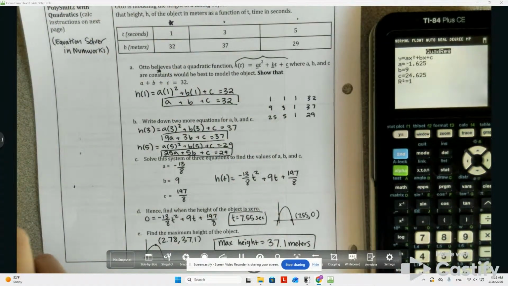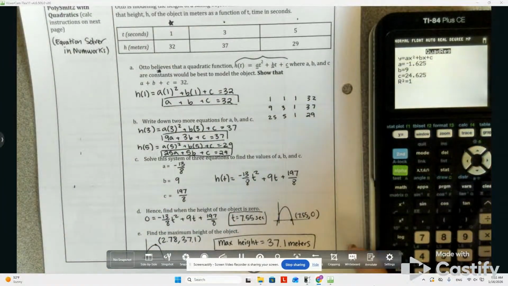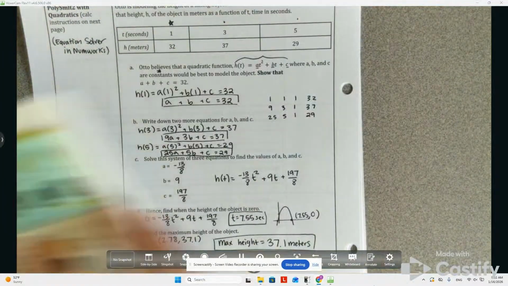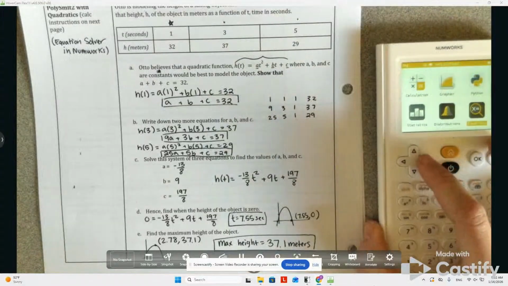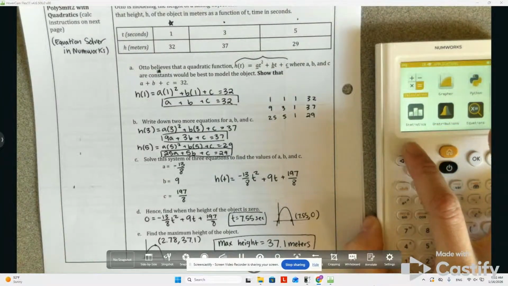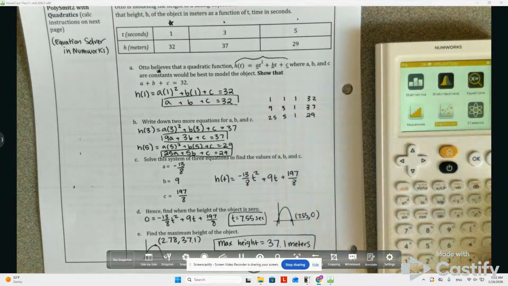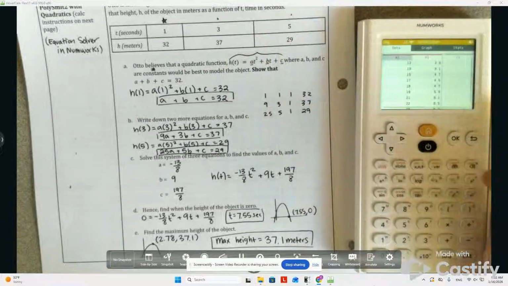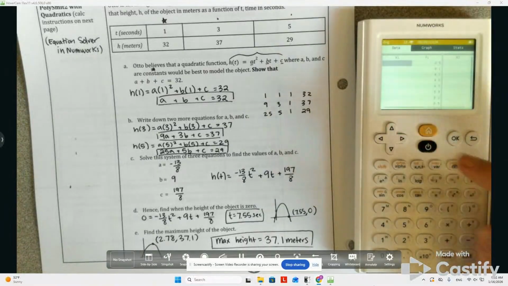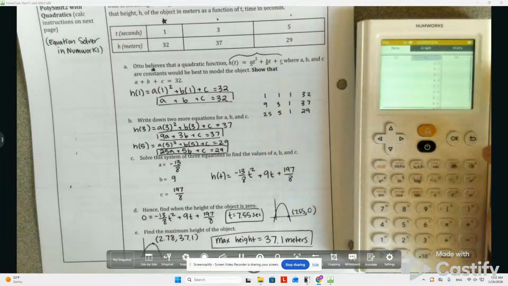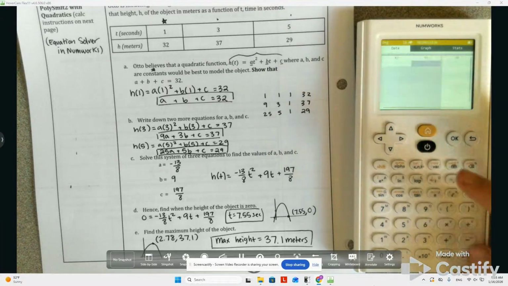In NumWorks, it's going to be similar also to how you do linear regression. We'll go to the regression app. We will delete any of the data we've got in there now.